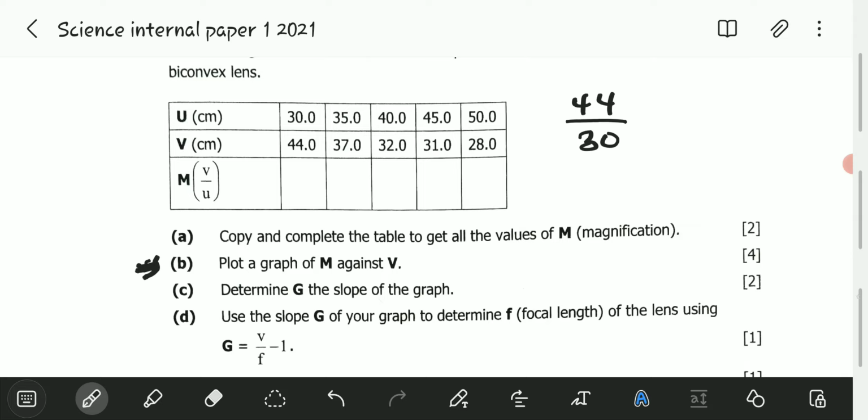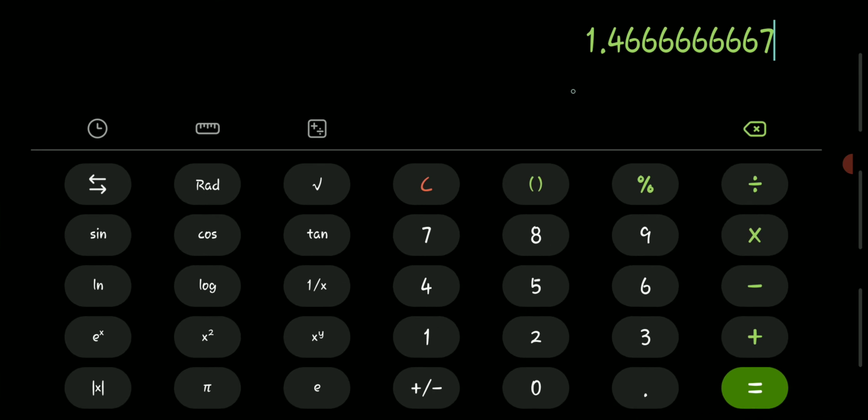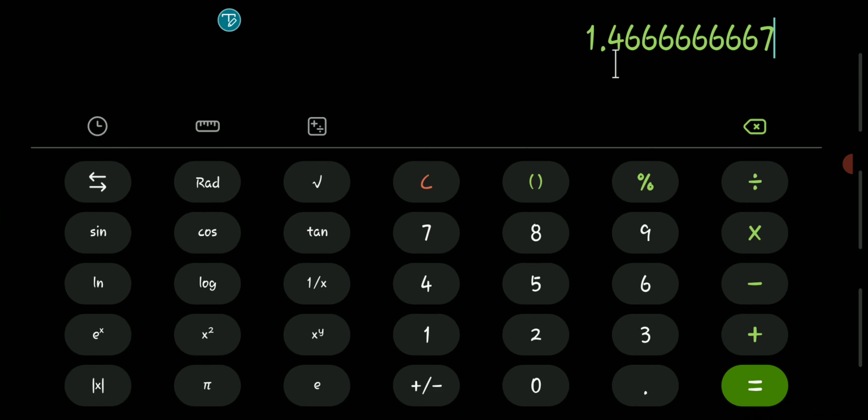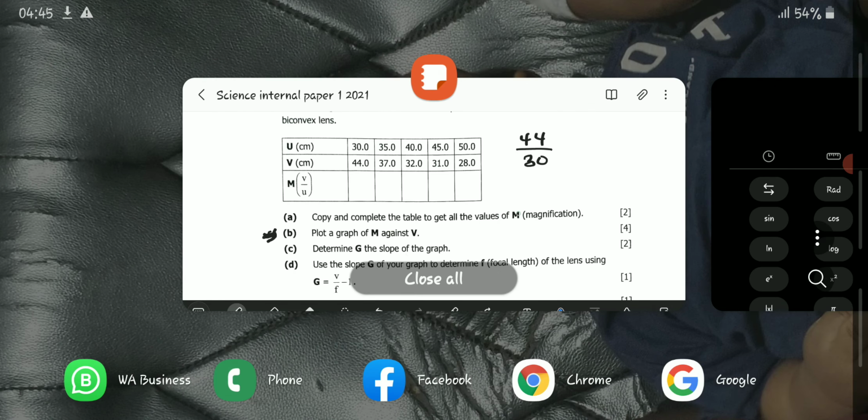I do not need a lot of decimal places, because that will be difficult for me to plot. So I want to make it as light as possible. I'll only pick my values to one decimal place. So I'll have 1.5 as my first point.